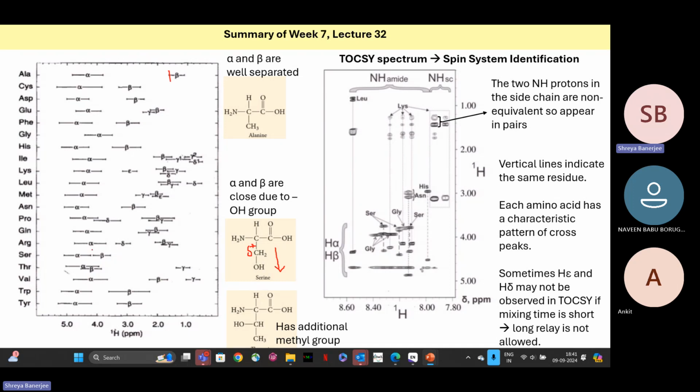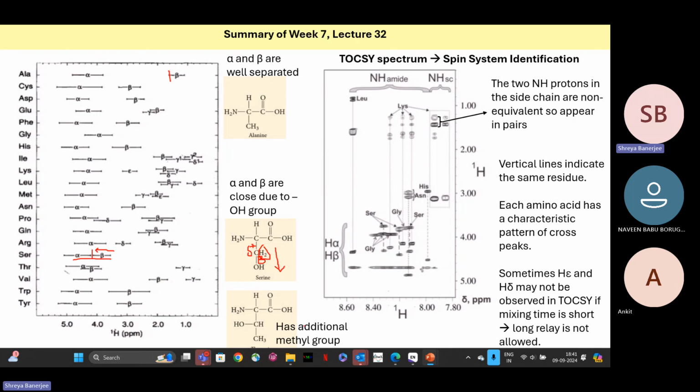Beta in serine is here. It has moved downfield. Because of this electron withdrawing effect and the delta plus charge that has developed, the beta hydrogen is becoming more downfield shifted in serine. So in serine, alpha and beta are actually very close to each other.